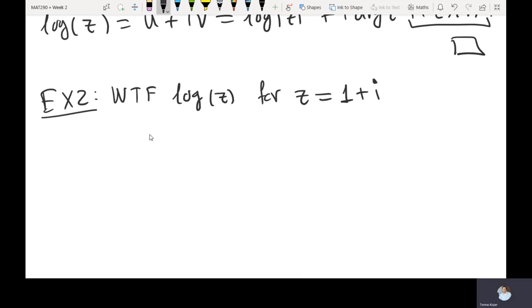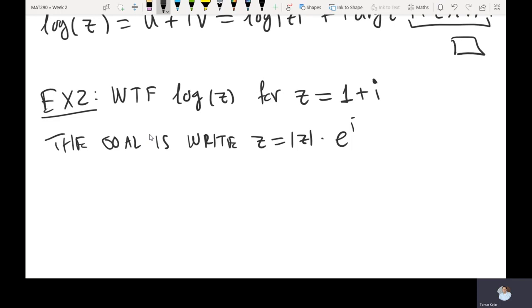Okay. So first we observe that you can write z as follows. Actually, there are two ways to do this. Let me see what the goal is. So the goal is to write z in the form of modulus of z times e to the argument of z.